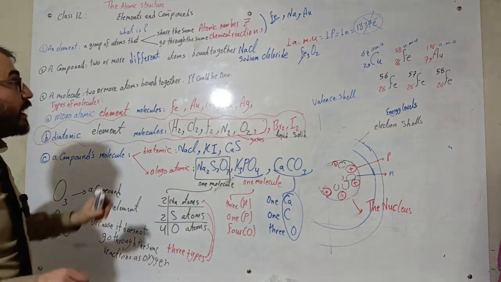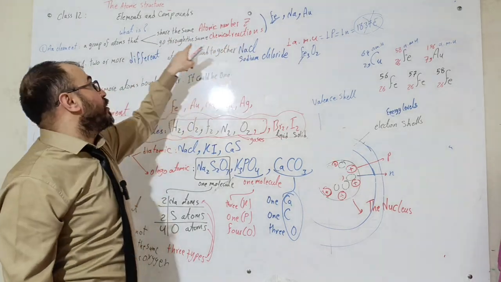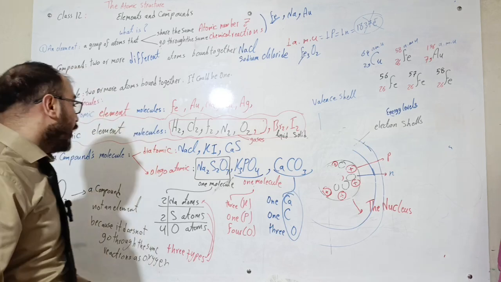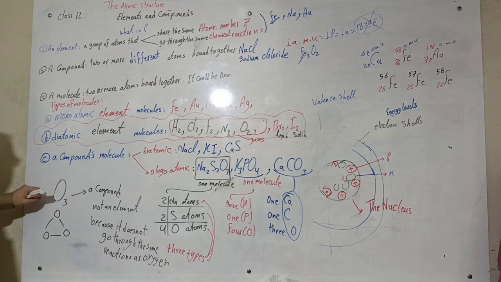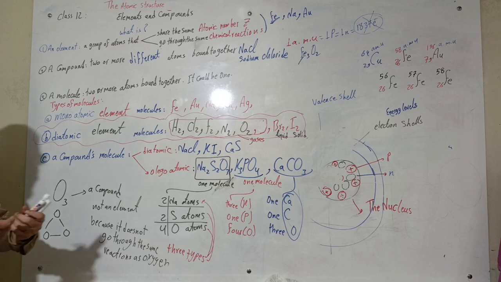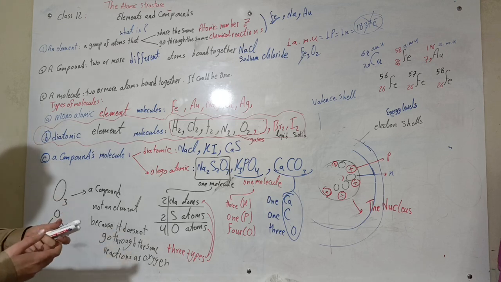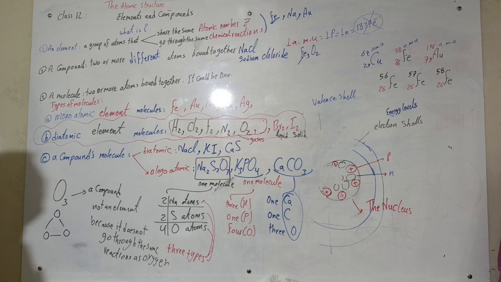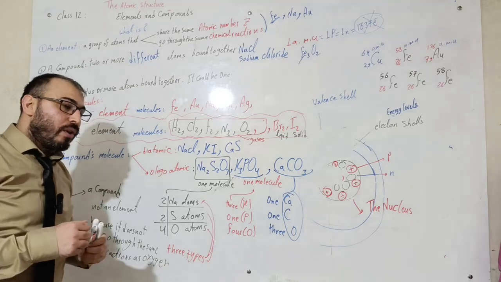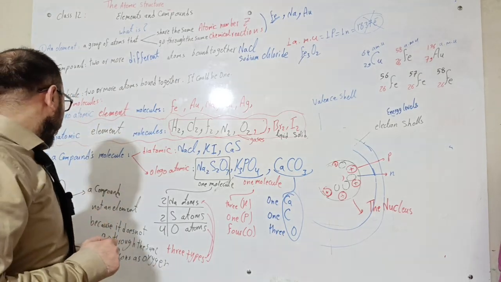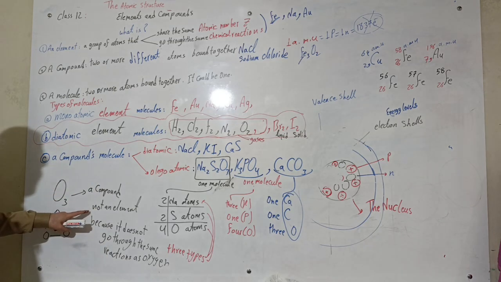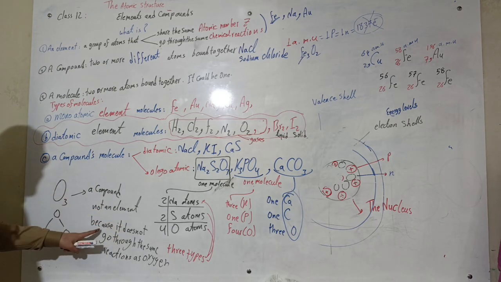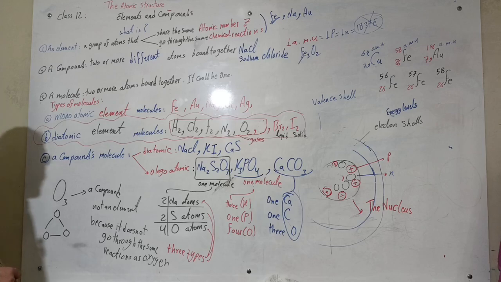And I said, yes, it applies to the first condition, but it doesn't for the second one. If you take an ozone molecule and try to give it the reactions of oxygen, it will go through different reactions. So ozone is a compound, not an element, not oxygen, because it doesn't go through the same reactions as oxygen.